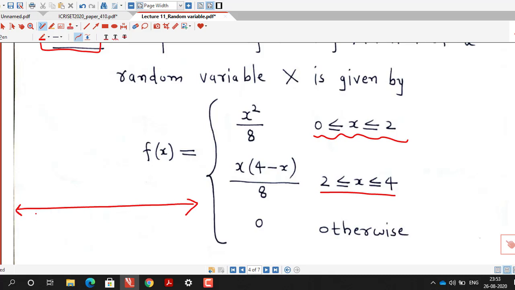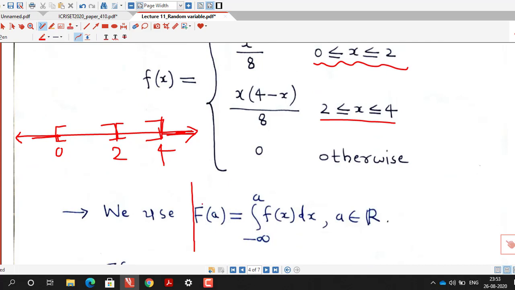So we have, suppose this is 0, 2 and 4. The function is different in 0 to 2, it is different in 2 to 4, and outside this interval it is 0. So in 0 to 2, f(x) is a parabola, in 2 to 4 also f(x) is a parabola.